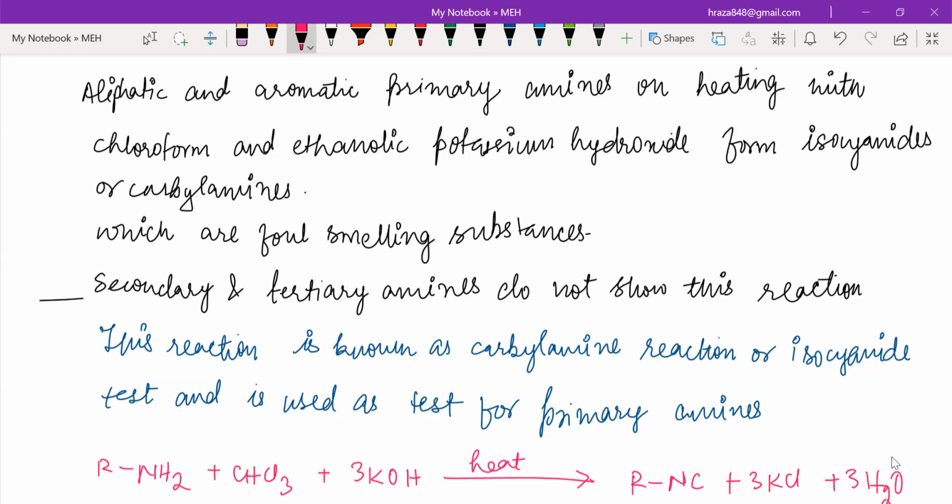If you have any other amines like secondary and tertiary, the reaction will not occur. So please do write.